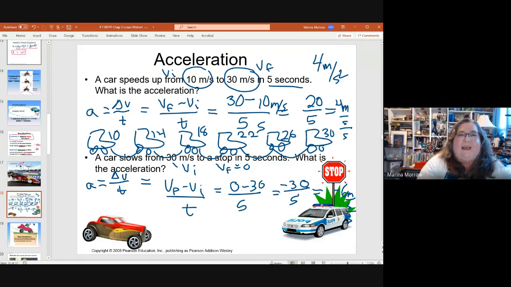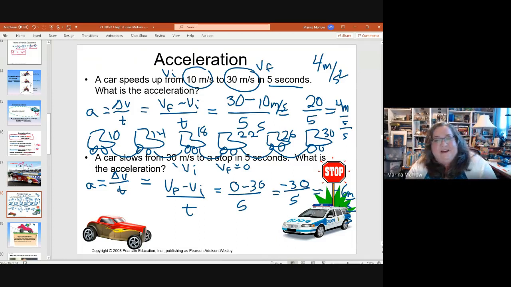Okay, so again, the negative sign there means other direction. This is a deceleration. The brakes are on. The car is going to come to a stop. And so the velocity was one direction, the acceleration is the other direction. But that's why you've got to make sure you put the proper final and initial velocities, because otherwise you'll miss that negative sign, and therefore you'll miss the question on the test like this.